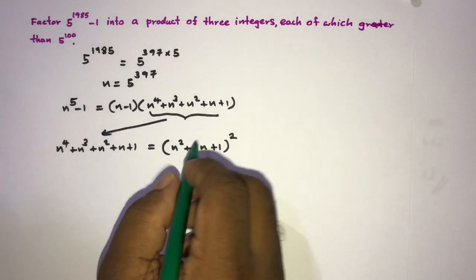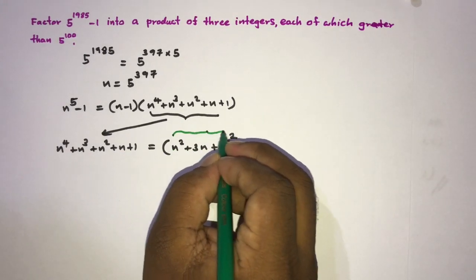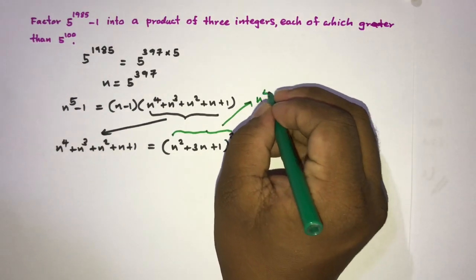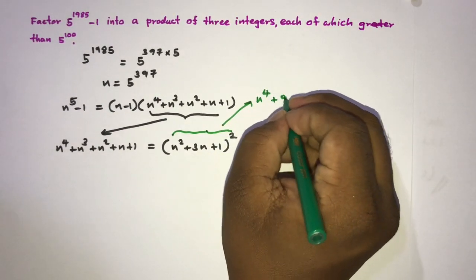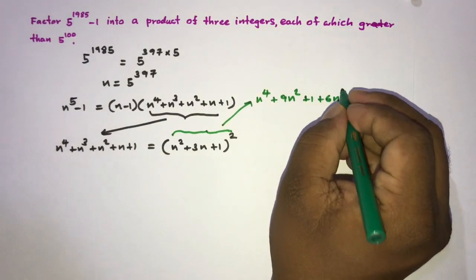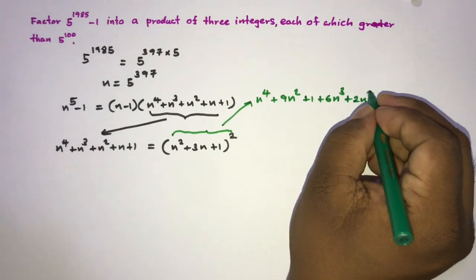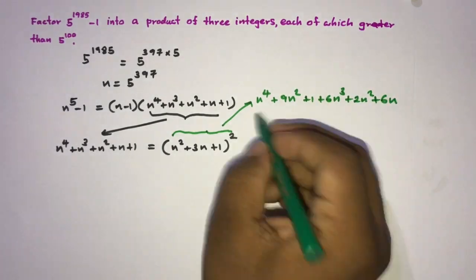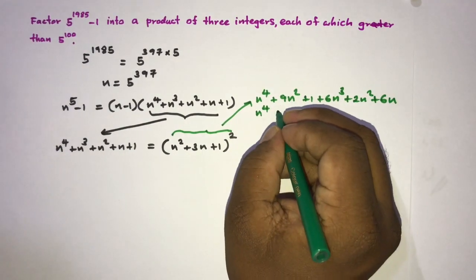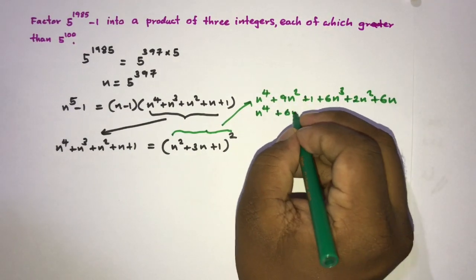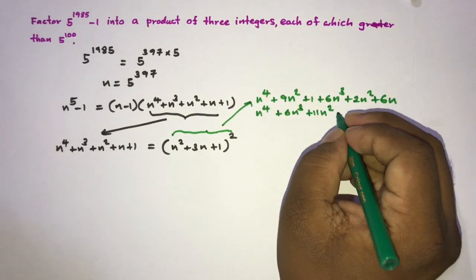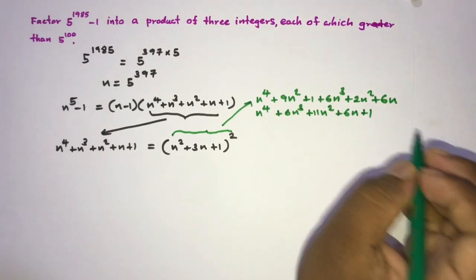If we simplify this term, we know n raised to the 4 power plus 9 times n square plus 1 plus 6 times n cube plus 2n square plus 6n. Still we can simplify: n raised to the 4 power plus 6 times n cube plus 11 times n square plus 6 times n plus 1.